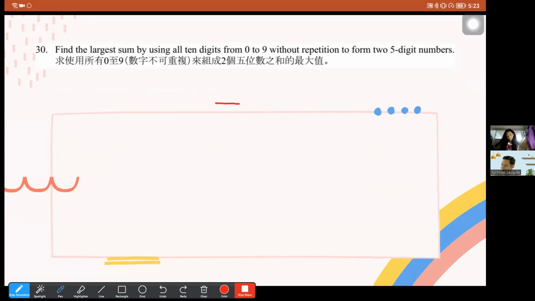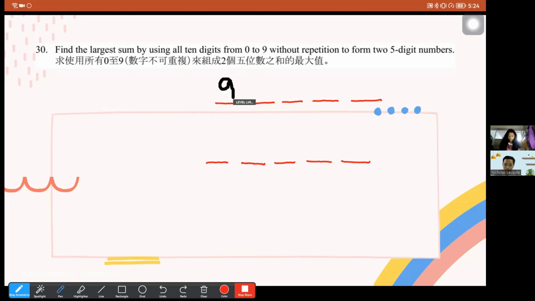So you have 1, 2, 3, 4, 5, the first 5-digit number, and the other one is 1, 2, 3, 4, 5. What is asked in the question is the largest sum.